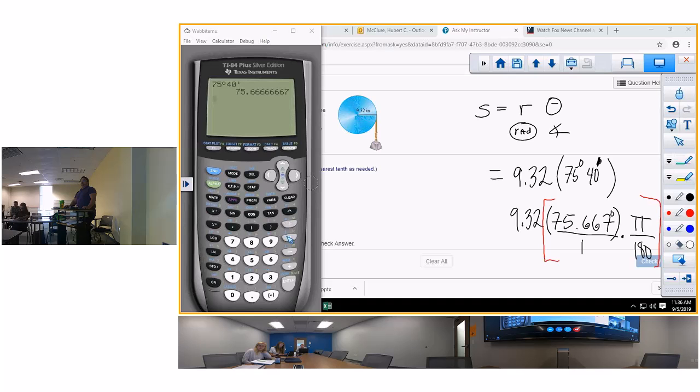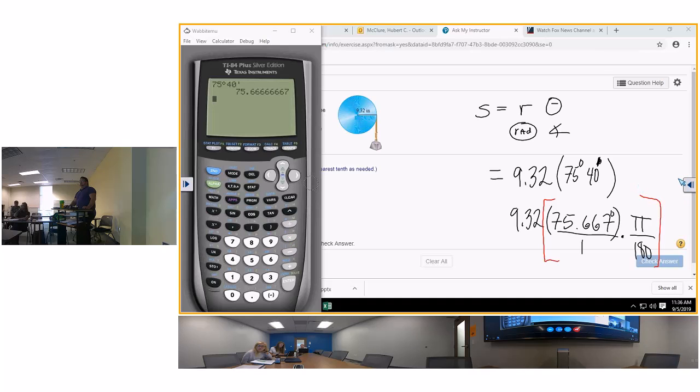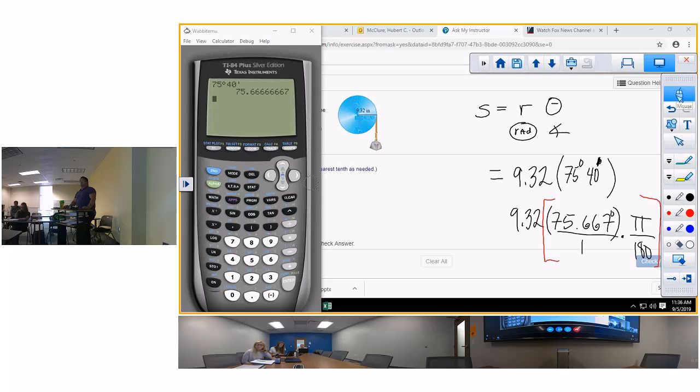Pi is second, and you said it's right above the caret symbol. The caret. Is second. Okay, let me go back. Second. There we go. That's the caret symbol. Okay, enter. Divide by 180.